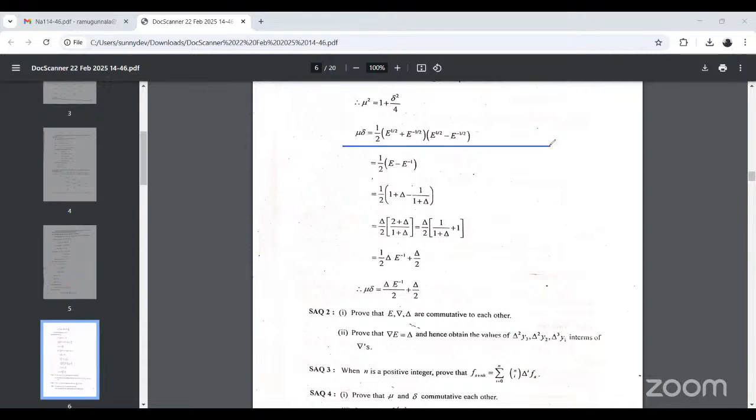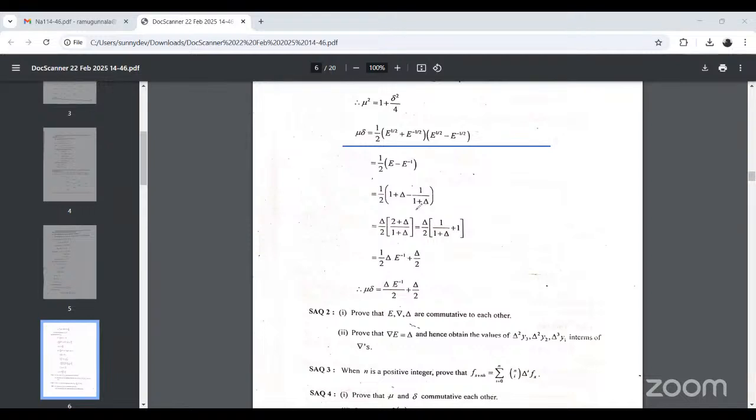Mu into lambda is 1 by 2 into e power of 1 by 2 plus e power of minus 1 by 2, and into e power of 1 by 2 minus e power of minus 1 by 2. This we know is e, and this we know is e power of minus 1. And just now we proved that e equals 1 plus lambda and e power of minus 1 equals 1 by 1 plus lambda.